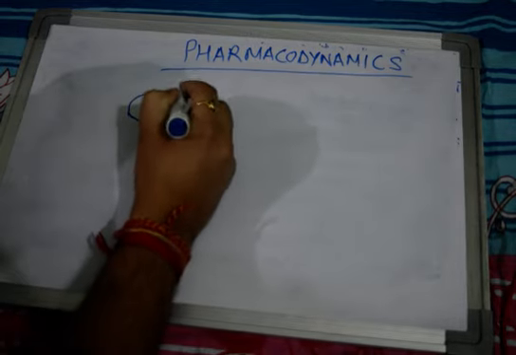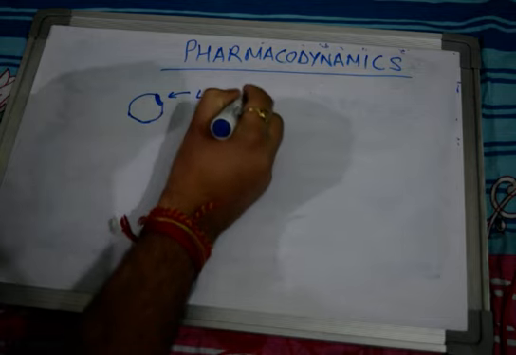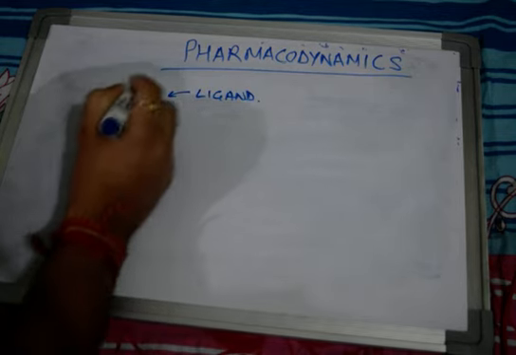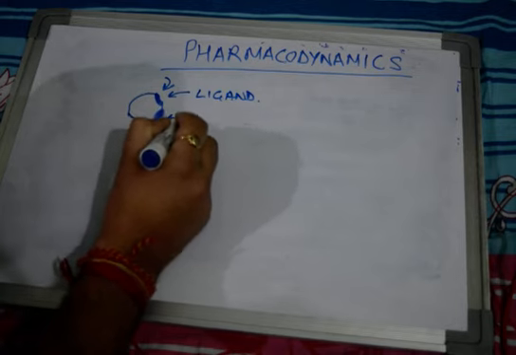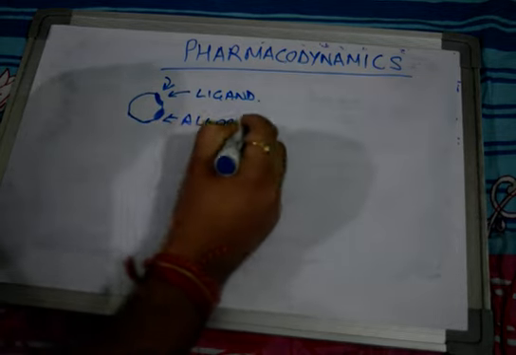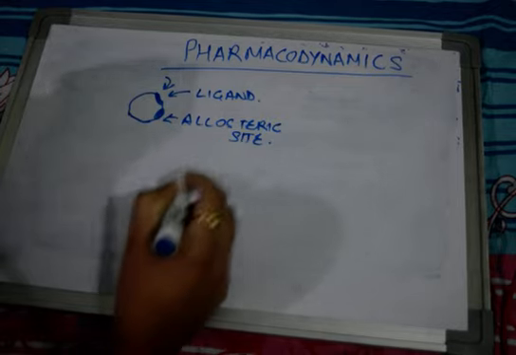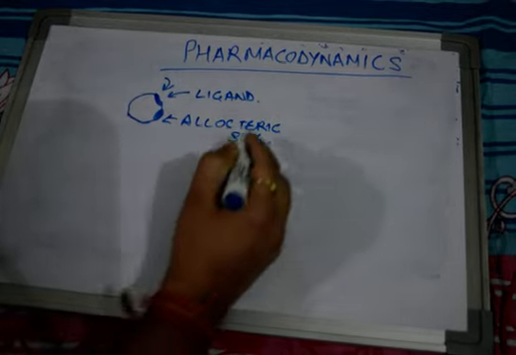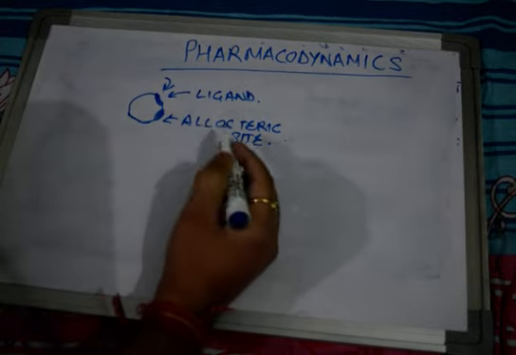The ligand obviously binds here only. The drug may bind here, or it may bind somewhere over here, what we call an allosteric site. This drug can bind either on the same site as the ligand or an allosteric site.